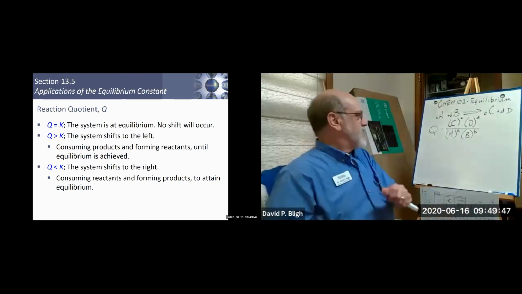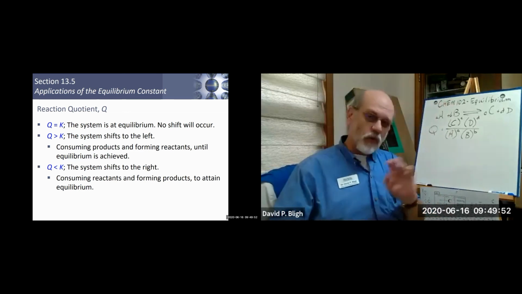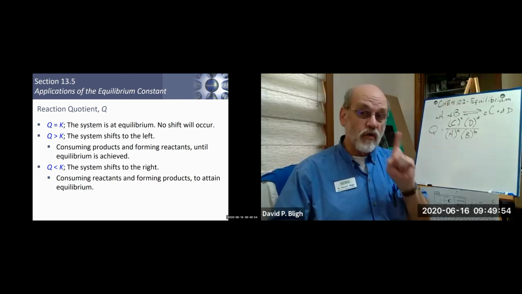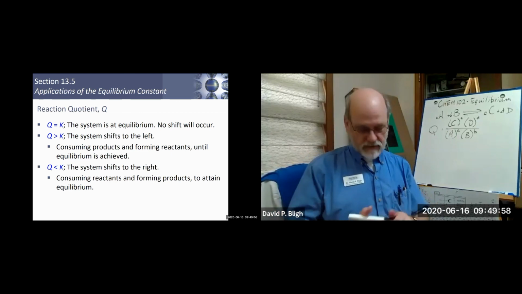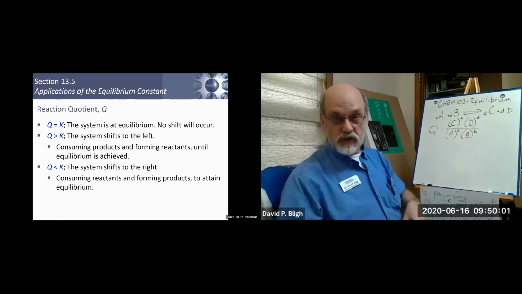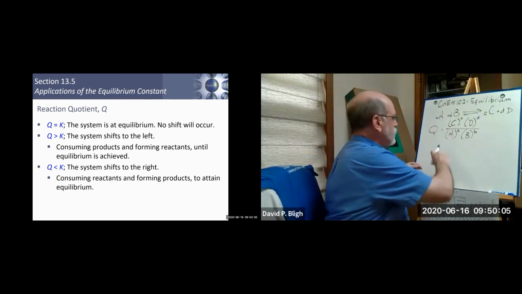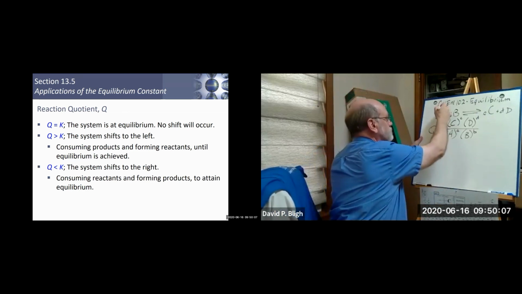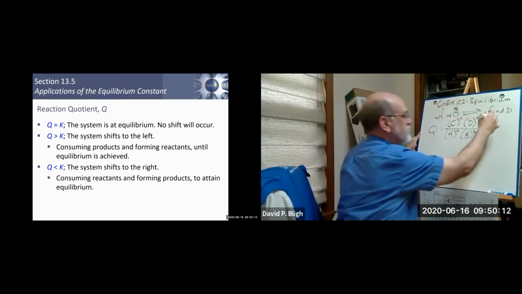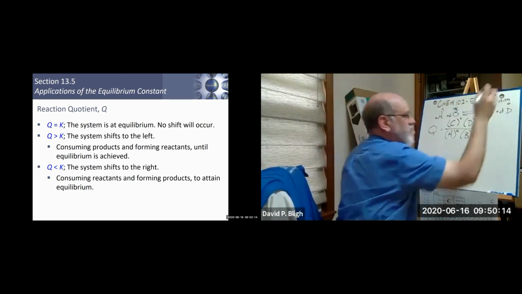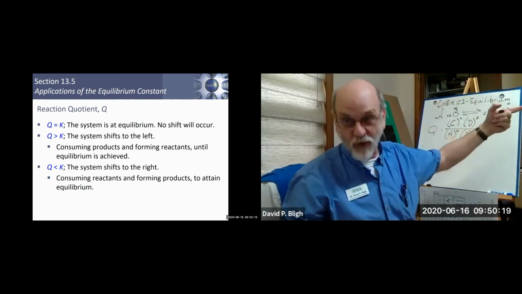Okay. There's one case where you don't have to calculate Q, but you know which way the reaction's going. Got any ideas? You set this reaction up, right? Suppose you have something here, you have something there, right? And you've got nothing here and nothing there. Which way is the reaction going to go? To the right, of course.